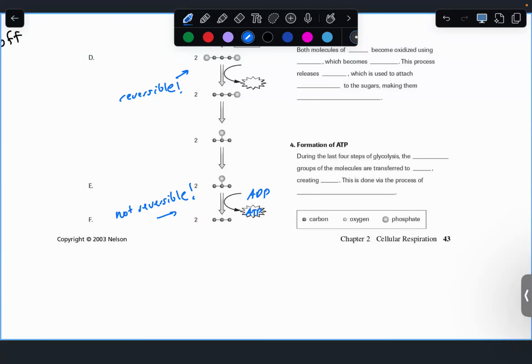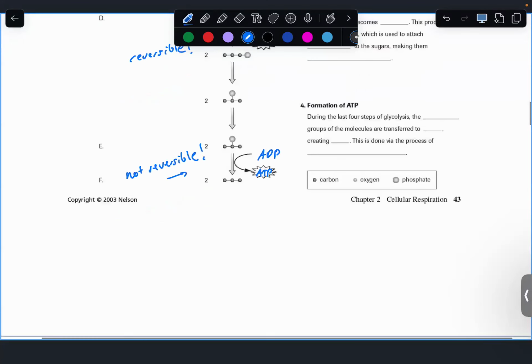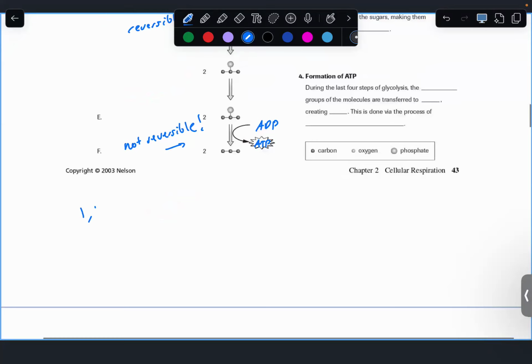Why is that? So in each of these steps, which are 1, 3, and 10, we are going from a phosphoanhydride. That's much better. Is my handwriting still better than Dr. Price's, I don't know.